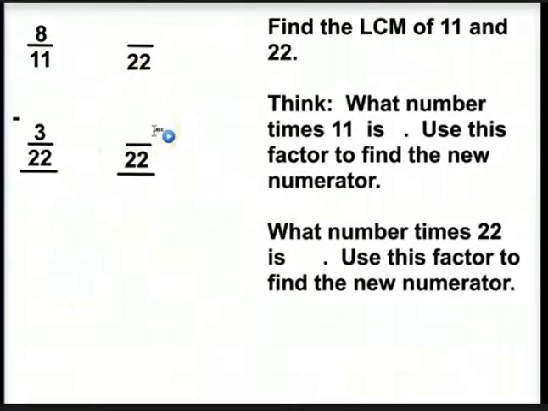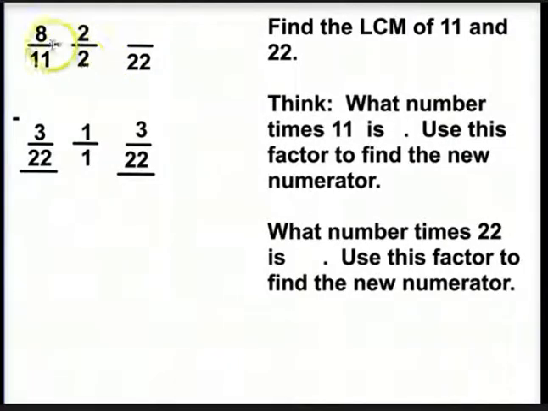Now, you're going to take a look at 22 times what number is 22? Well, that's 1. And we talked about this in school. When your denominator does not change, your numerator doesn't change either. Because as you notice here, your factor that you're multiplying by is 1. 11 times what number is 22?